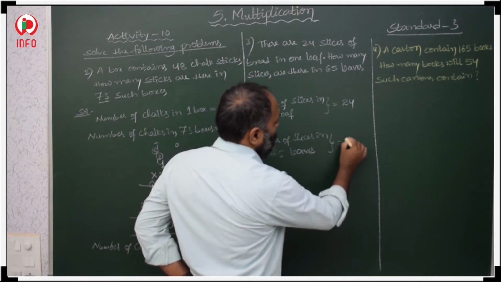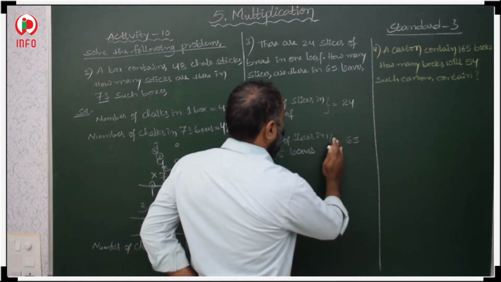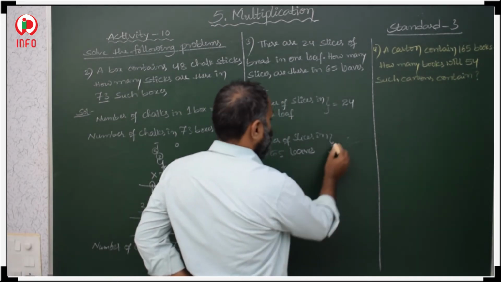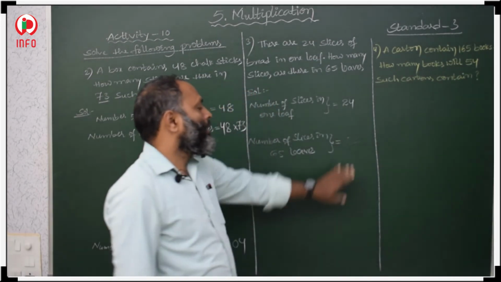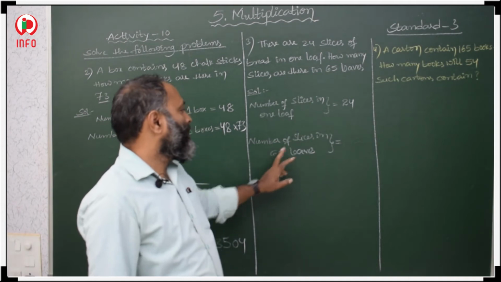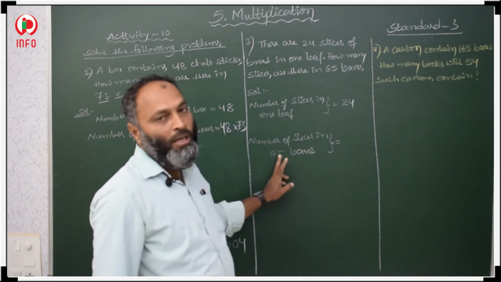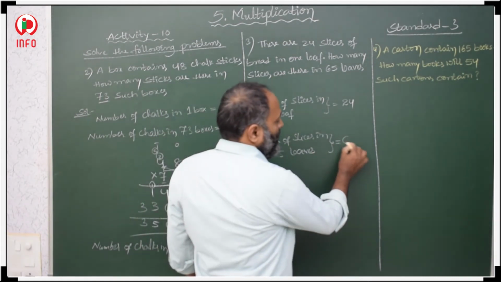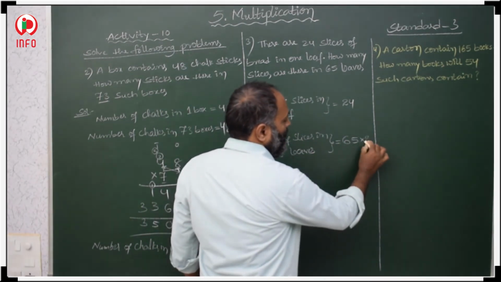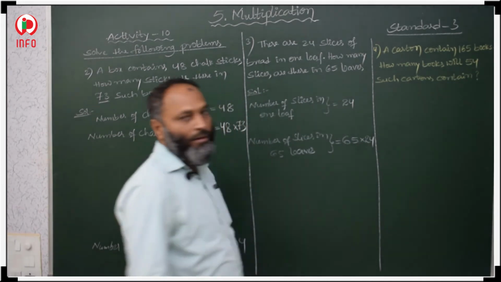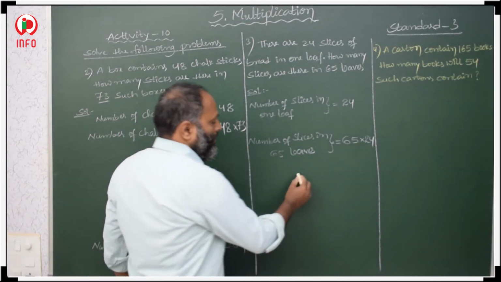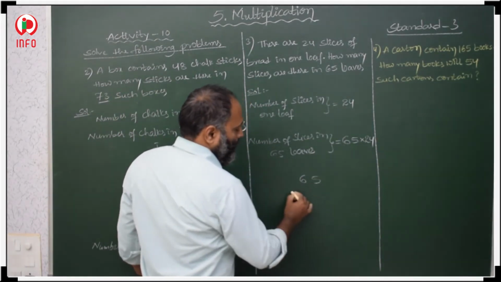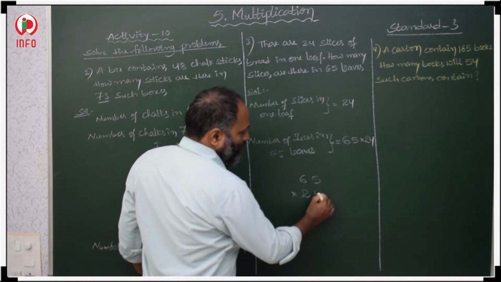How many? In 65 loaves is equal to. So, now here we have to multiply 24 with 65 or otherwise 65 with 24, that is your wish. 65 multiplied with 24.